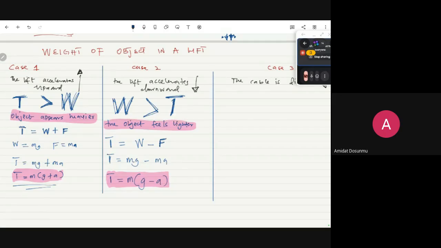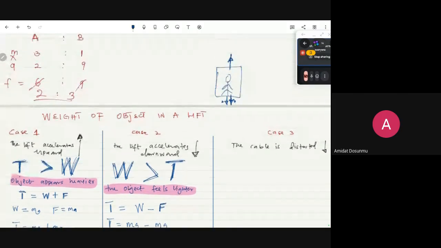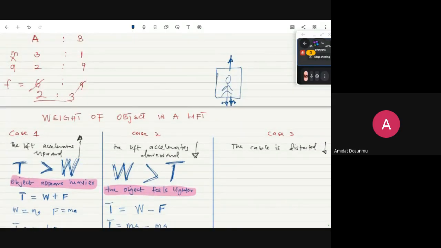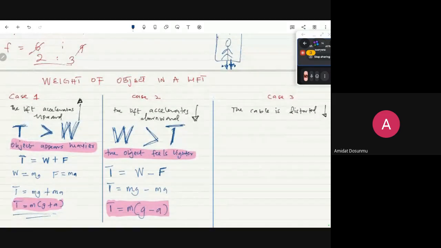Last but not least, the cable is distorted. That cable that is holding the object is distorted. Somebody cuts the cable, or the cable becomes loose. So it means that what?